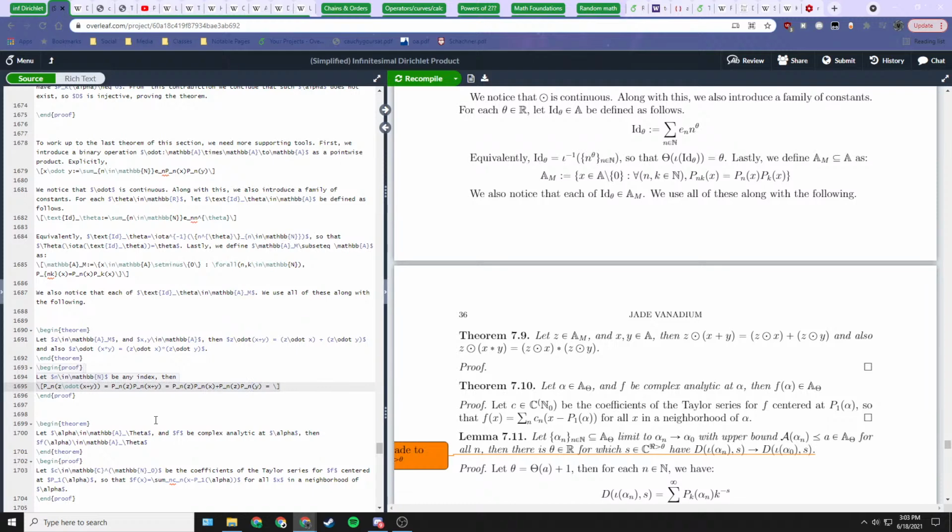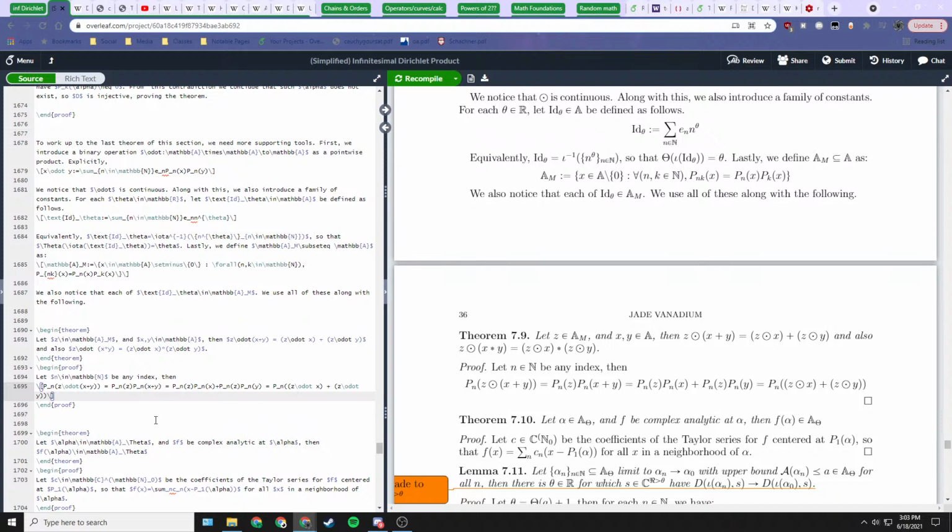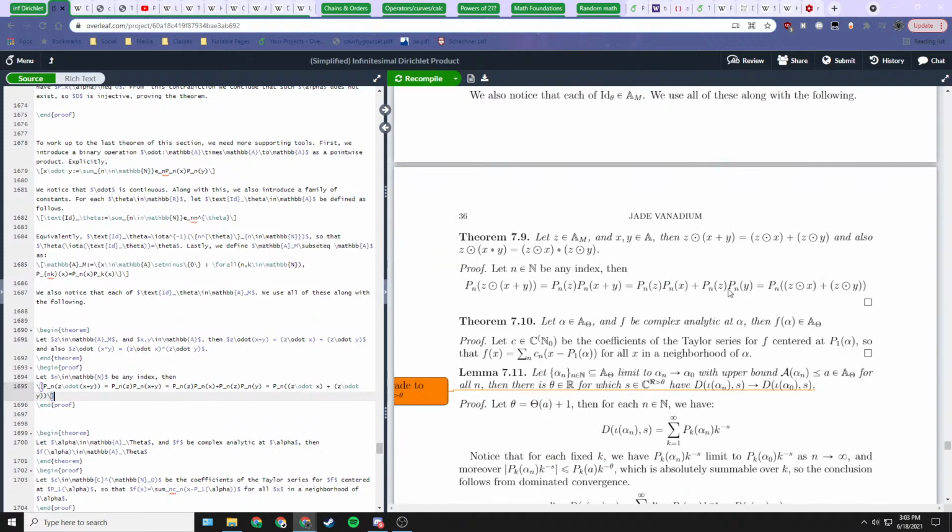But then this is just p sub n of (z O dot x plus z O dot y). So it just follows from the distributive law for real and complex numbers. Since it's just a pointwise product, of course it distributes over addition. So that one's easy.